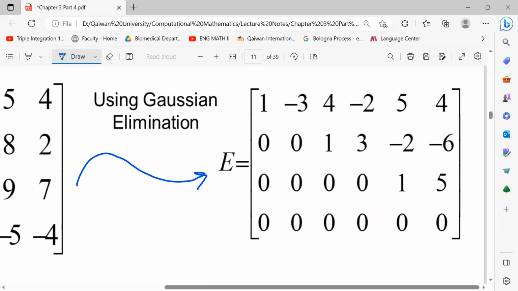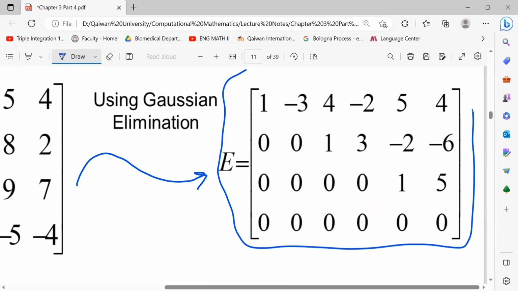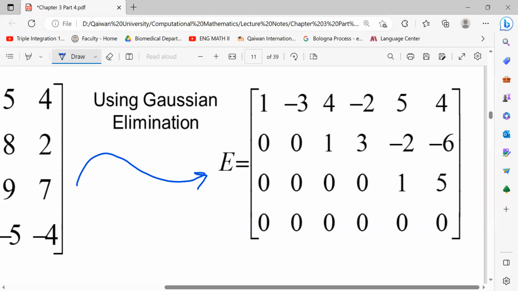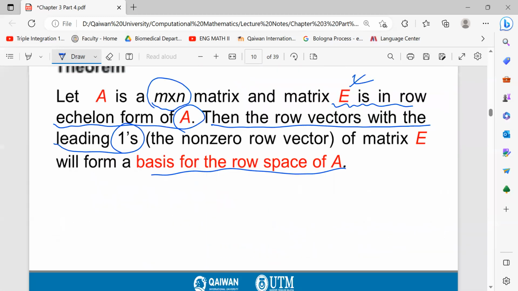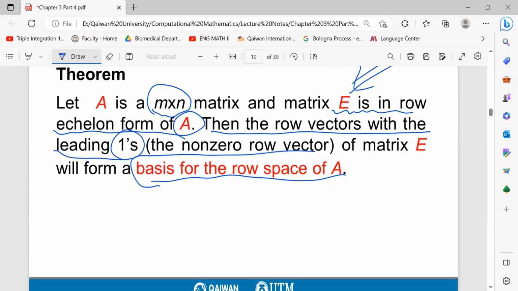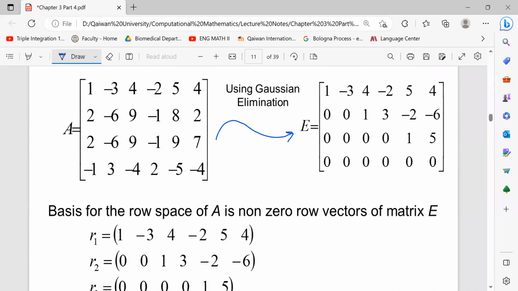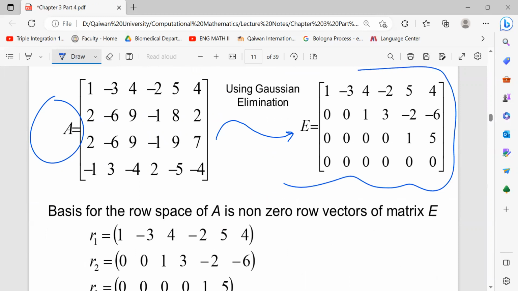Okay? Here, this is matrix E. E is obtained from A by applying the elementary row operations, and this is the reduced row echelon form of matrix A. What we do here, we say the basis for the row space of A, we choose it from here.